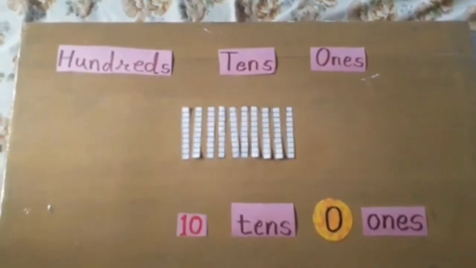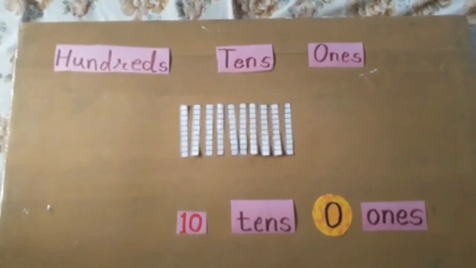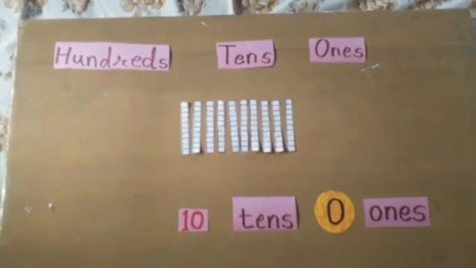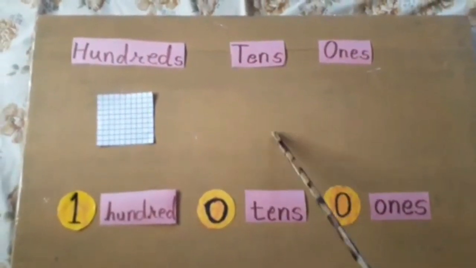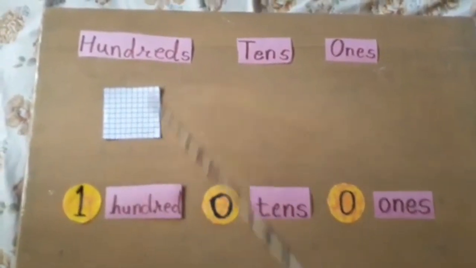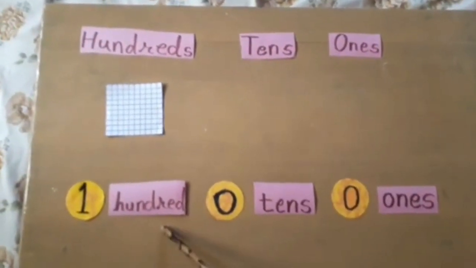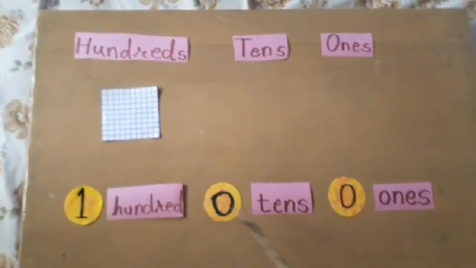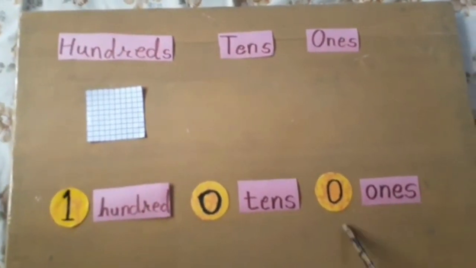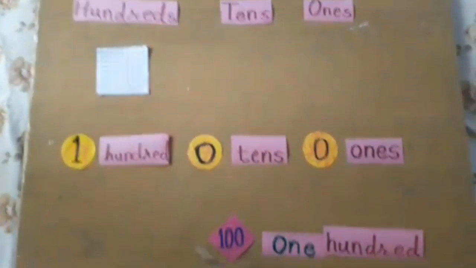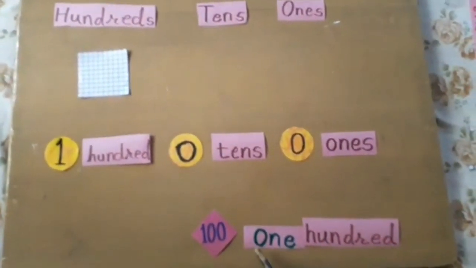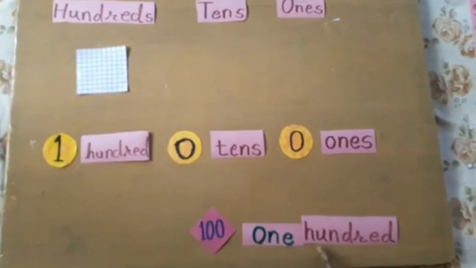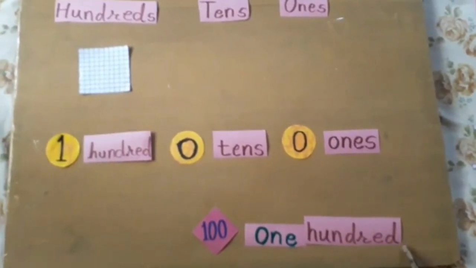So these 10 tens will shift into the hundreds column. When we shift all the tens strips into the hundreds column, it will become 1 hundred, 0 tens, 0 ones, and we write it as 100, and in spelling O-N-E, one, H-U-N-D-R-E-D, hundred.